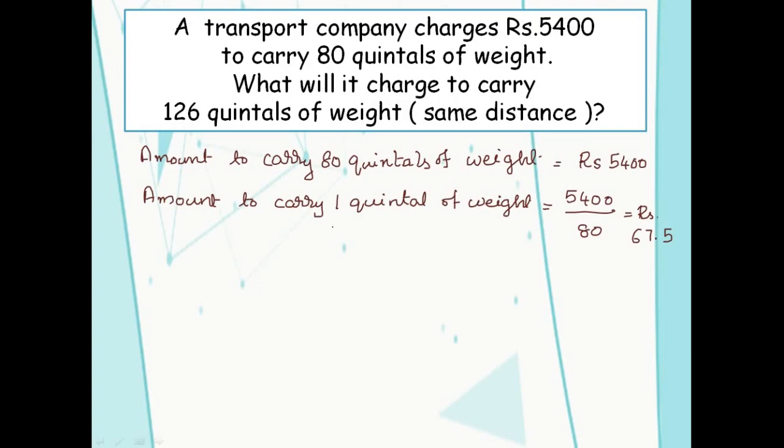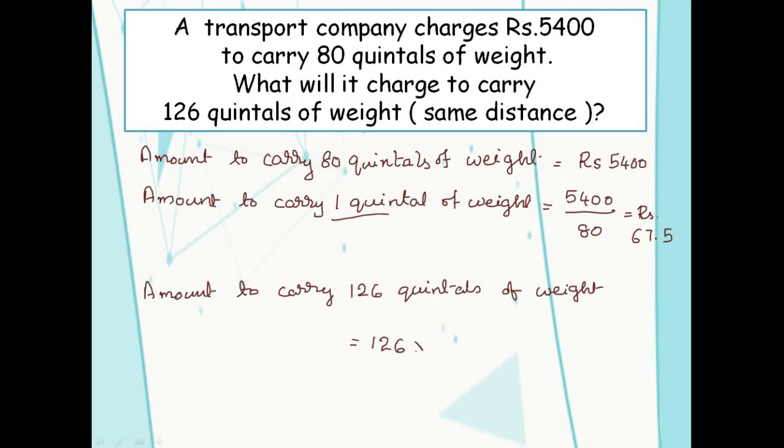So here we have found the amount to carry 1 quintal of weight. So the amount to carry 126 quintals of weight is equal to 126 into 67.5, and the answer is rupees 8,505. Let's do another problem.